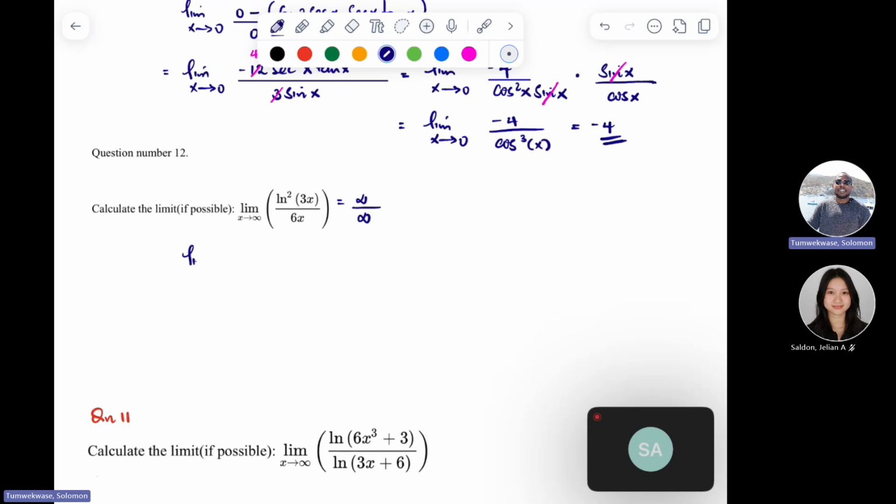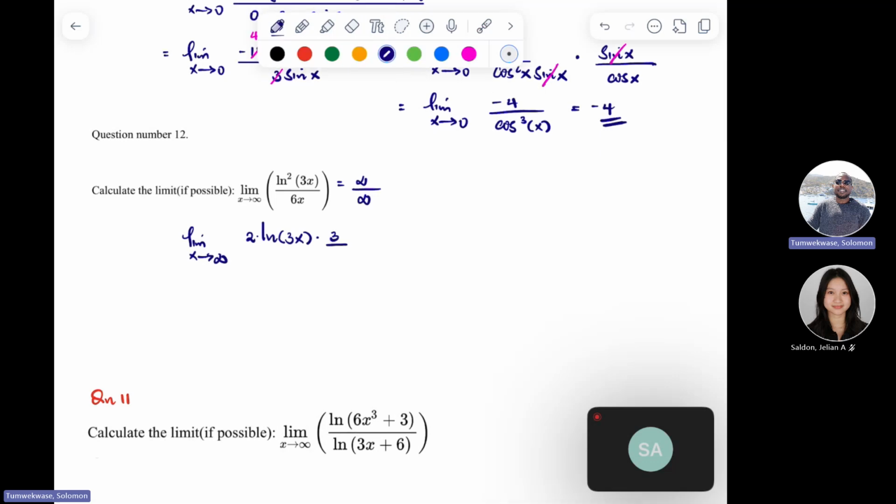Okay, so L'Hopital's rule says that I take the limit, but take the derivative of these functions independently. So when I take the derivative of natural log squared of 3x, this is the same as 2 natural log of 3x. I'm using chain rule, then times the derivative of natural log of 3x, which is the same as 3 over 3x. I hope you remember that.